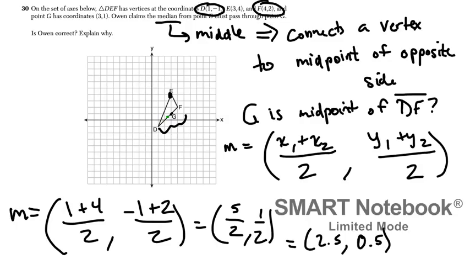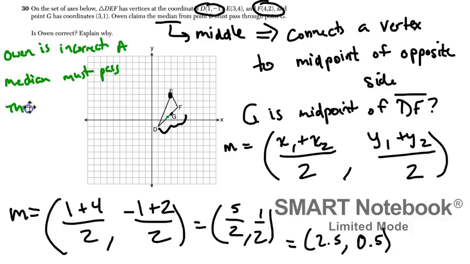So we would say that Owen is incorrect because a median must pass through the midpoint of DF.